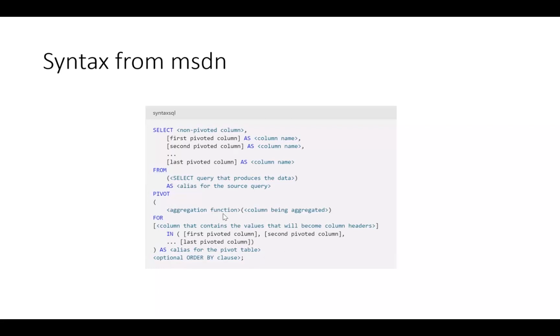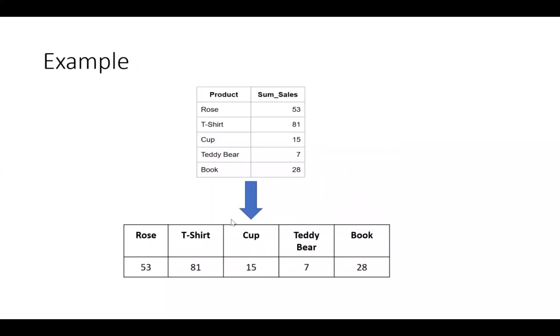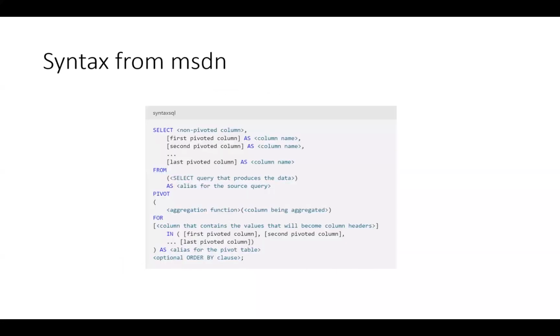You give the aggregation function, like you are trying to do, for example, in this, it's already done some sales. But are you trying to do a count? Are you trying to take an average? Are you trying to add up all the sales for that particular item, or for that particular year, or for that region, and so on and so forth?